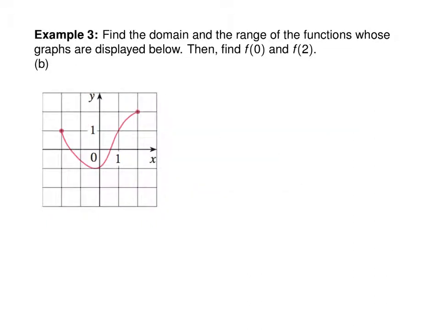Okay, next one's the same idea. First the domain. This one's actually easier than the previous one. What is the leftmost x? -2. And the rightmost x is 2.